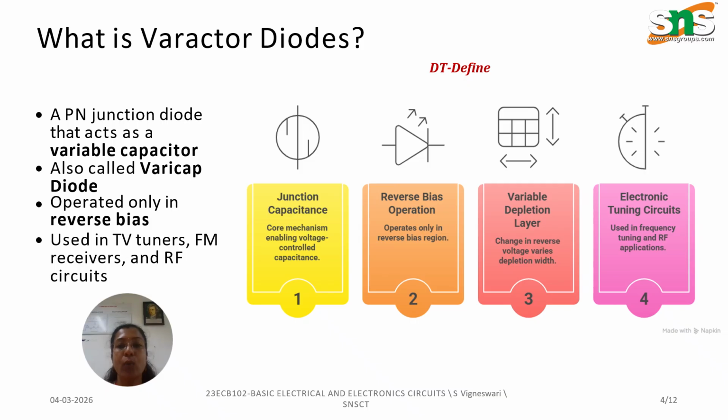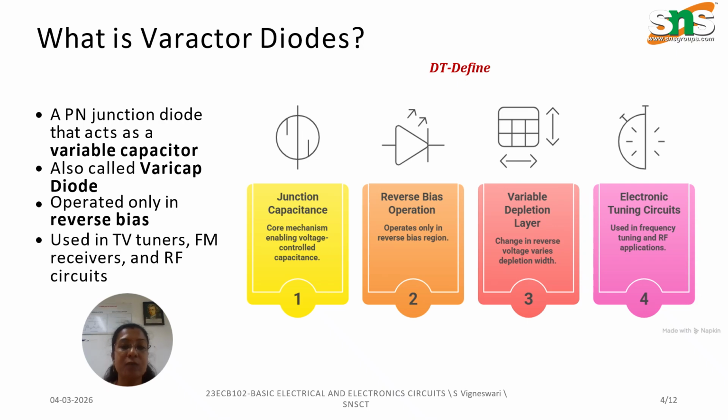And then, what is a varactor diode? To put it in simple terms, it is a special type of PN junction diode that behaves like a capacitor. Instead of conducting current, it is always operated in the reverse bias condition.